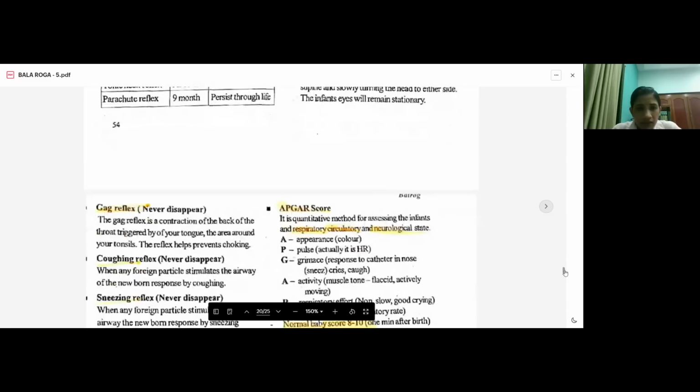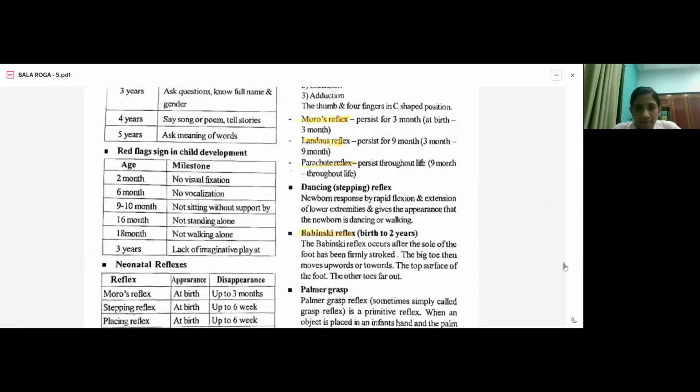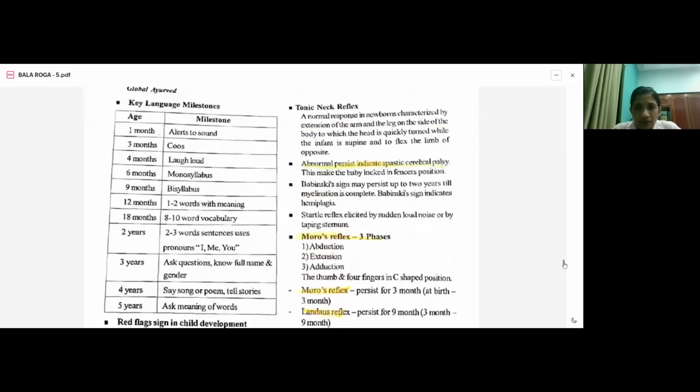Then another important part, that is the reflexes. The first reflex that you have to remember is the tonic neck reflex. What is that?